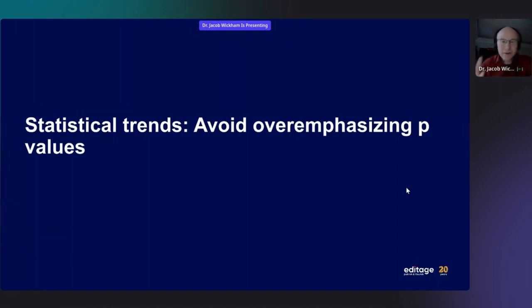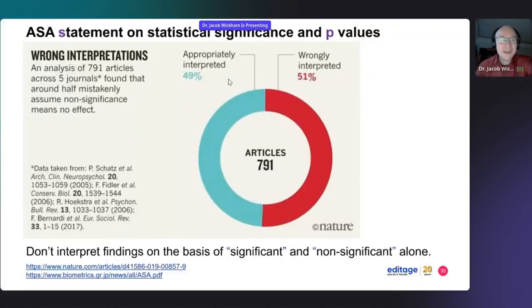So now I want to talk about avoiding overemphasizing of p-values. This is actually an interesting question. A lot of journals have looked into the p-values. And here is a study that was done. They analyzed almost 800 papers across 5 journals. And they found that about half of the papers mistakenly assumed a non-significant result means there is no effect when in fact they were significant.